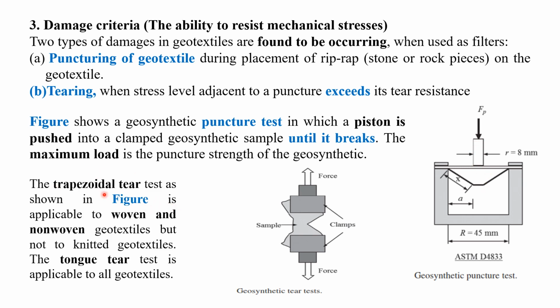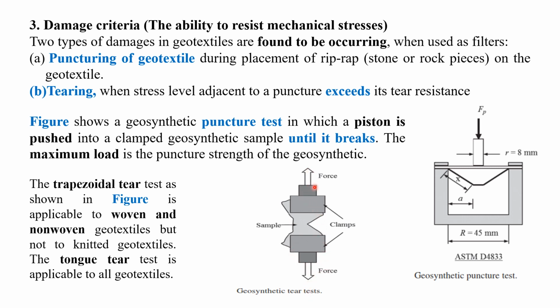Similarly, the trapezoidal tear test, as shown in the figure here, is applicable to woven and non-woven geotextiles, but not knitted geotextiles, whereas the tongue tear test is applicable to all geotextiles. Here we can see the geotextile sample placed between two clamps, and forces are applied in upward and downward directions, right?